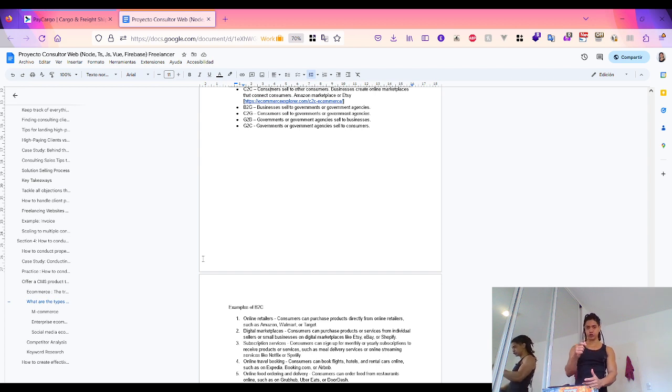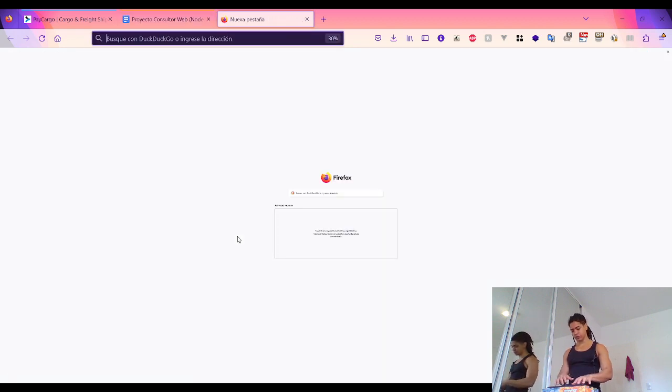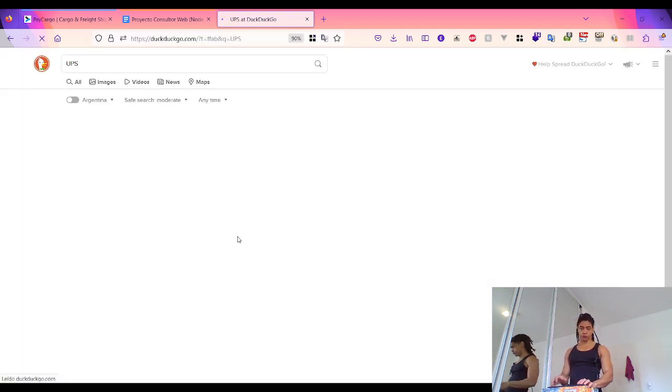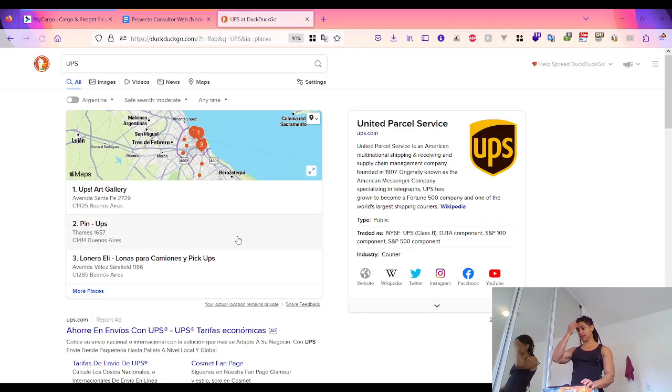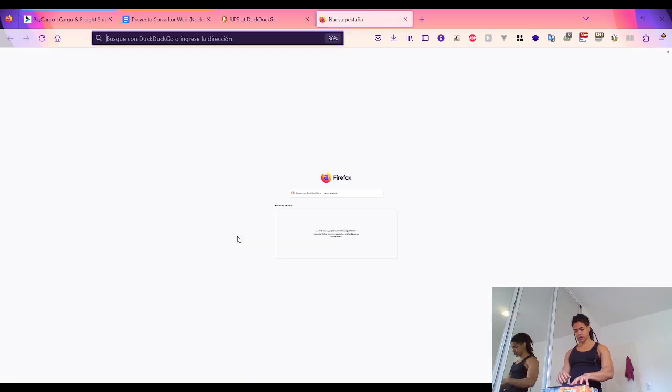International trade and customs clearance, government agency provides service to facilitate cross-border trade, for example the electronic customs clearance or the export declaration. So for example, UPS is a great example of this kind of service.